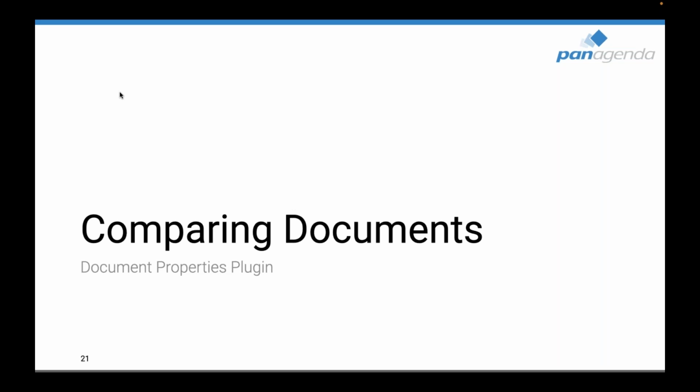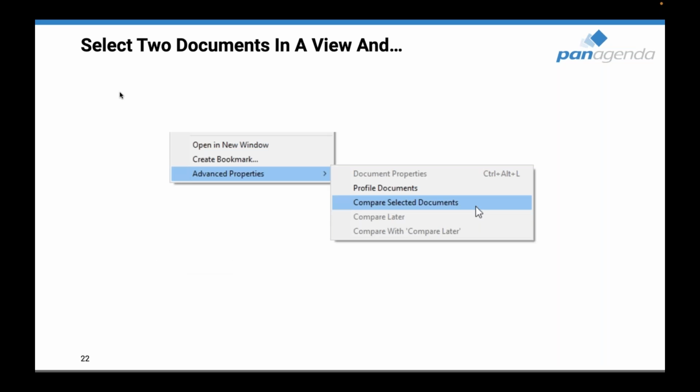Another thing that I really wanted to add to this and was able to, and it's one of those things helpful for me, but probably helpful for other people too, is that you can compare documents. So if you have two documents selected in a view, then you now get the compare selected documents option in the advanced properties menu.